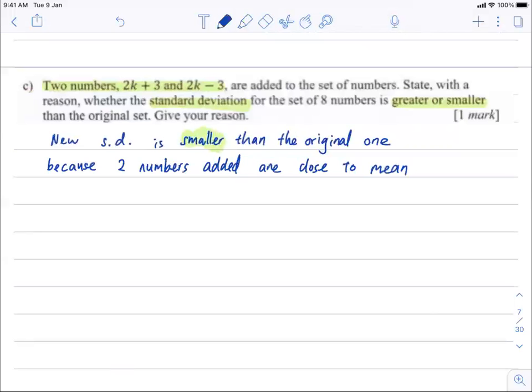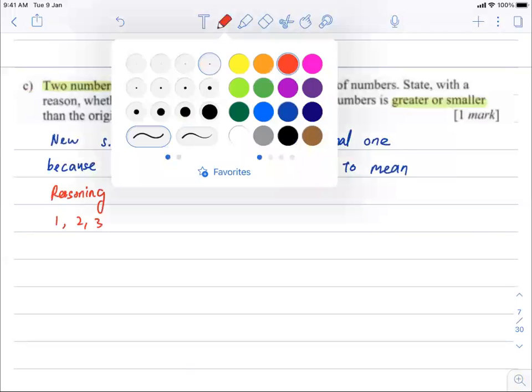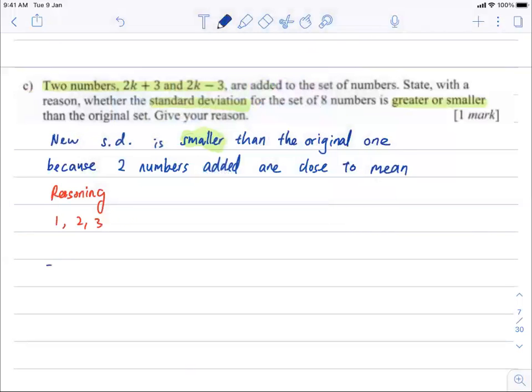Okay, so now I'll explain the reasoning behind it. Imagine we have 3 numbers, 1, 2, and 3. For these 3 numbers, the average, which is the mean, will be 2.